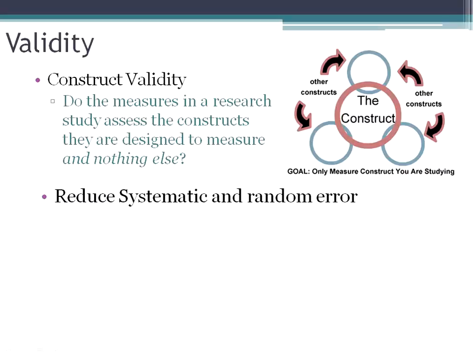Right? So do the measures actually assess what they're trying to measure and nothing else? Ideally, what we want to do is reduce both systematic and random error to the degree that we can, so that we can get more of that true score in our observed score.